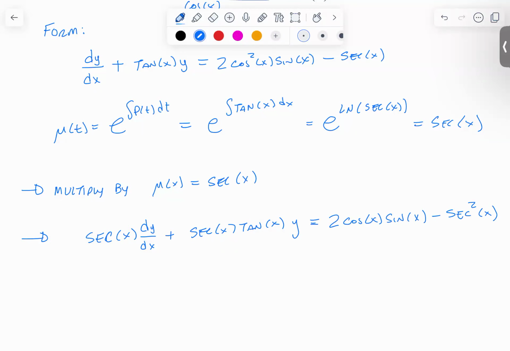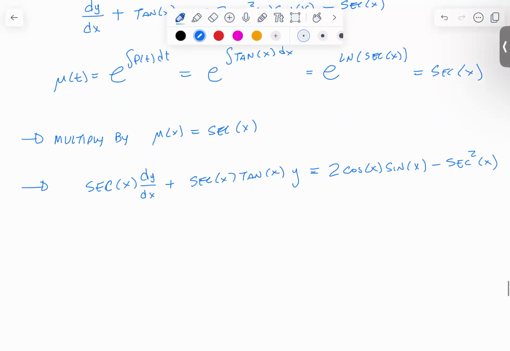All right, so multiply it through. And then we identify the product rule. Is this the product rule right here? I sure hope so. Absolutely, right?